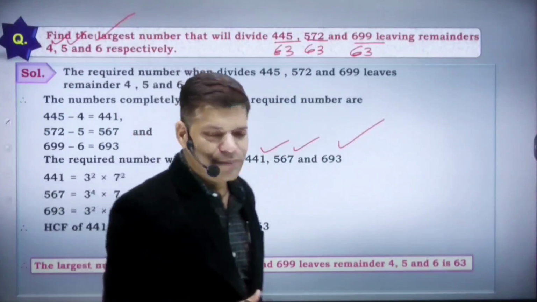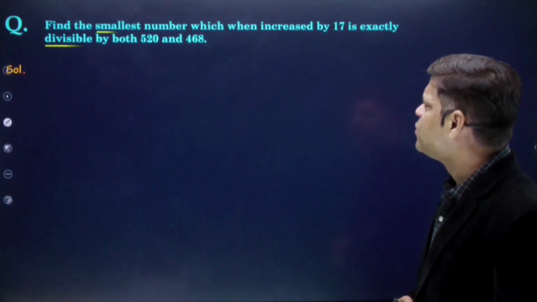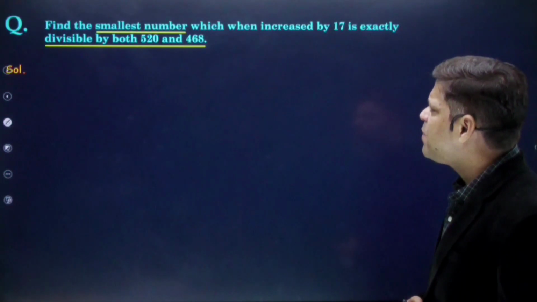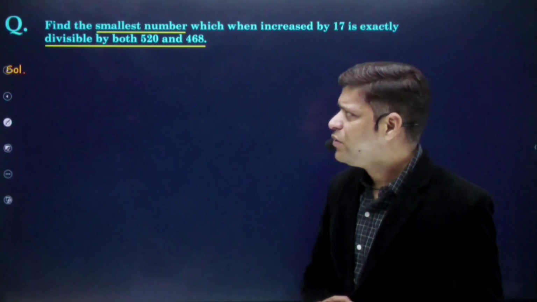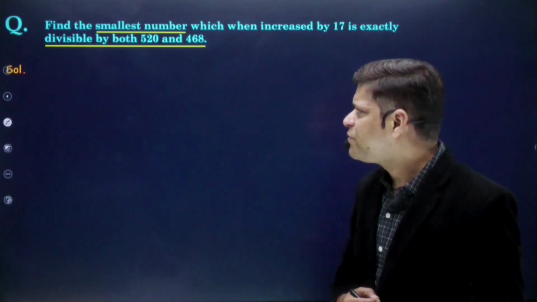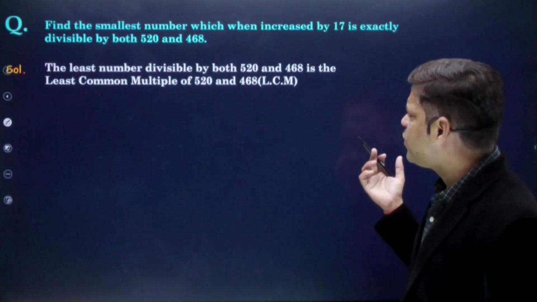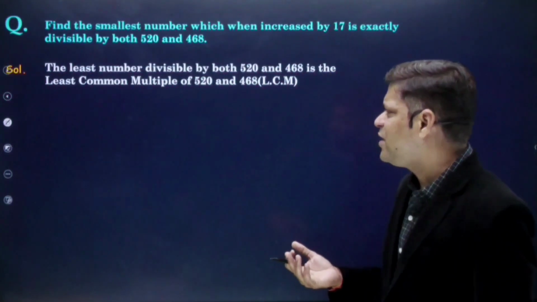Next question. Find the smallest number which when increased by 17 is divisible by both 520 and 468. Here we are given the two numbers 520 and 468. Since we need the least such number, we have to find the LCM.